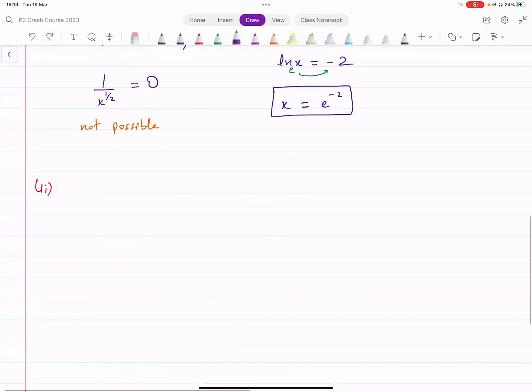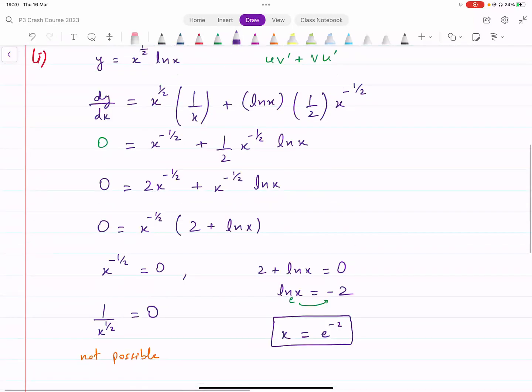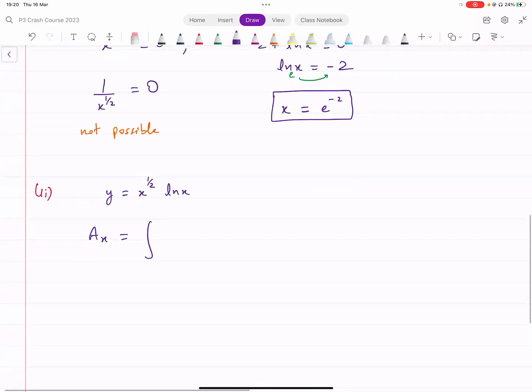First of all, the function is y equals x raised to power 1 over 2 into ln of x. Area between the curve and the x-axis, what is that going to be? We apply the limits from 1 to 4 on this function, and that is going to give us the area.